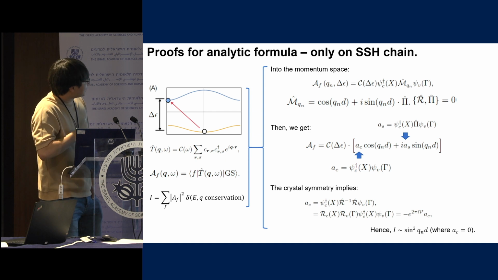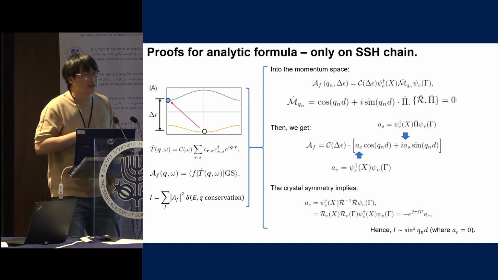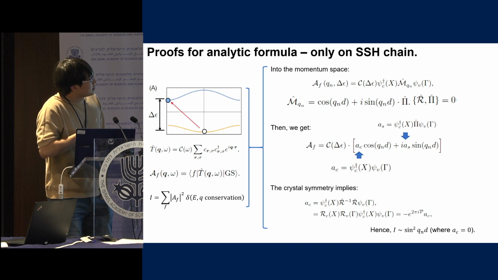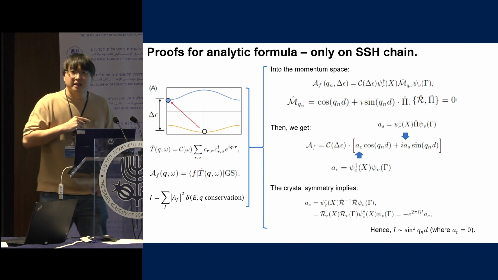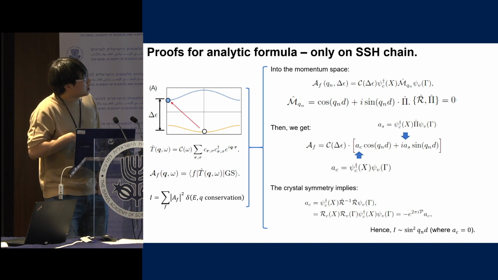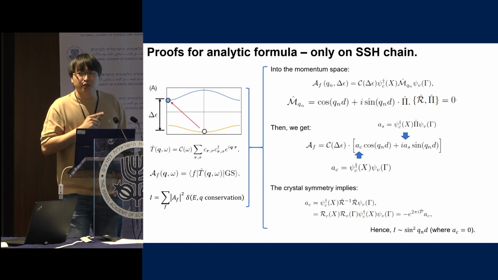If you plug this simple scattering process into the operator and calculate the quantum amplitude, which you can find in your textbook, then this amplitude comes with the overlap between the valence band wave function at gamma and the conduction band wave function at X. When you have reflection symmetries, you can ask how they constrain the form of the amplitude.